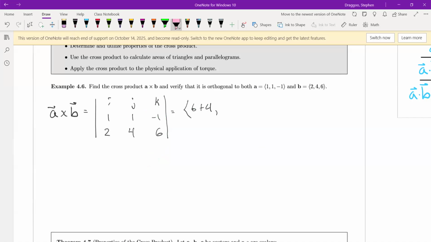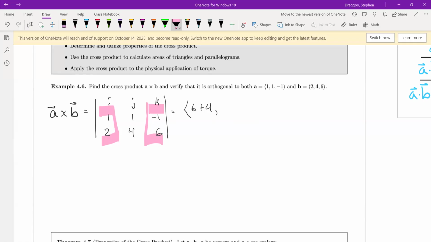To get my J component, I need to look at these numbers. But I always want to read from left to right when I'm putting these cross products together. So if I'm doing the J component next, I need to move to the right of that column first. So instead of 1 times 6 minus negative 1 times 2, as it kind of looks like they're set up there, again, I really need to read to the right.